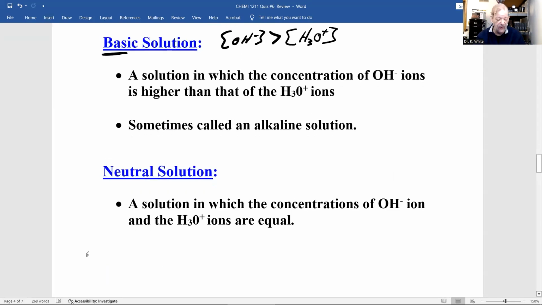Now, a neutral solution is when the hydronium ion concentration is equal to the hydroxide ion concentration.